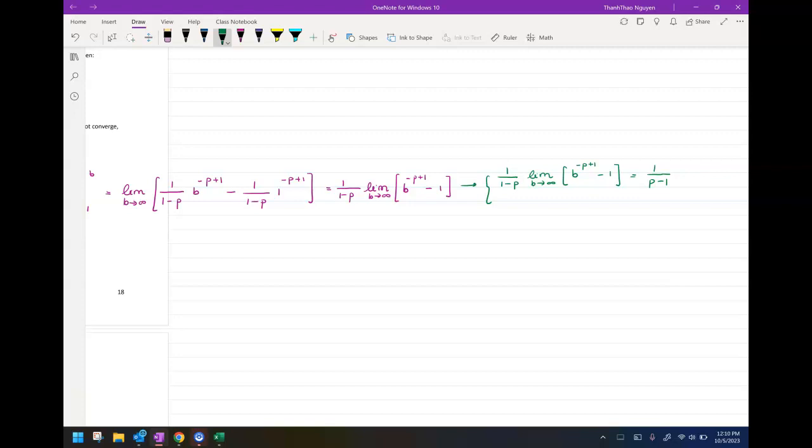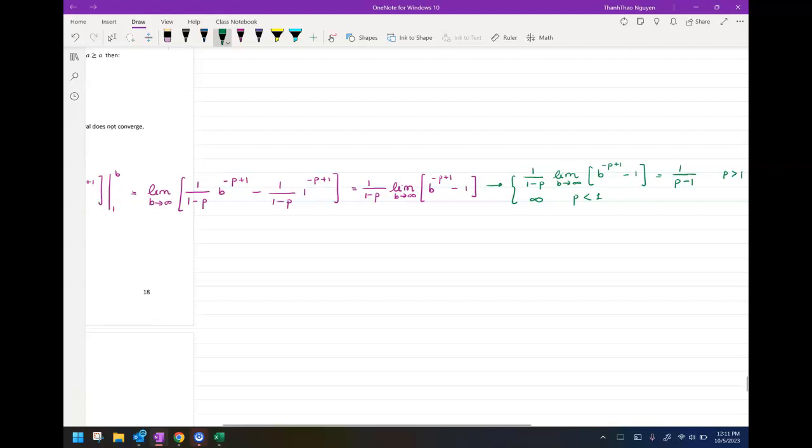What about p greater than 1 here? So what happens when p is less than 1? When p is less than 1, then the term b to the negative p plus 1 goes to infinity. So then we're looking at infinity here. So this goes to infinity for p less than 1.